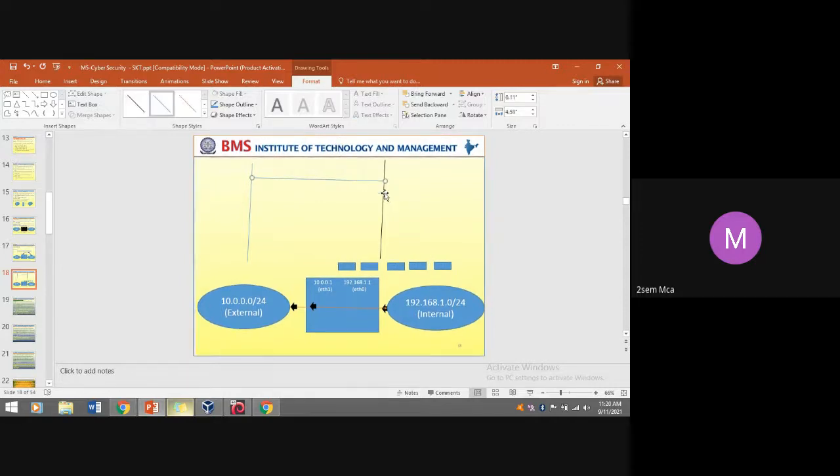The other system sends the acknowledgement. When the other system sends the acknowledgement to the initiating system, then the initiating system handshakes with the second system, and the connection is established between this system and that system, right?